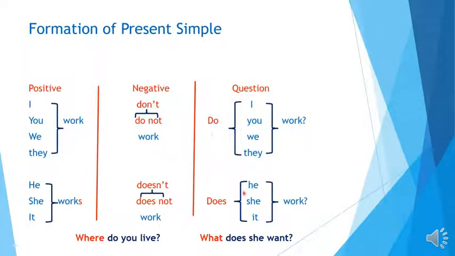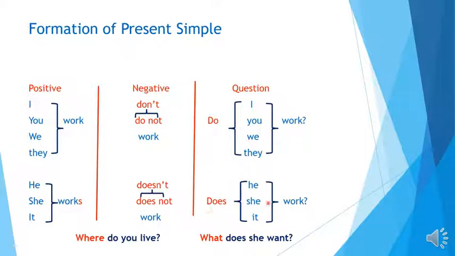And here you have the other singular pronouns he, she, it. There we are using does. Okay. Does he work? Does she work? Does it work? Okay, now you understand the difference between do and does. Do is used with I, you, we, they.